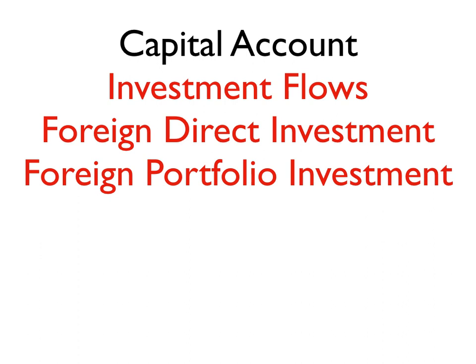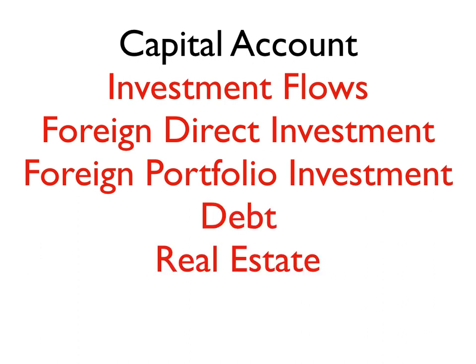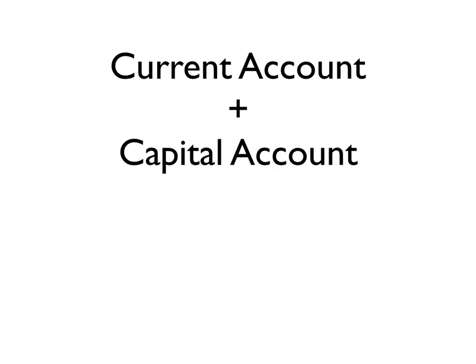Also included in this capital account is debt, real estate, and cash holdings. Okay, so debt would include bonds that you would be buying. You would be purchasing debt. Okay, so the current account plus the capital account, when you add them together, always equal zero.